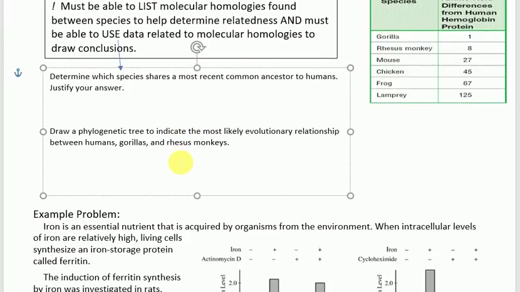The second thing that you could be asked to do is to draw a phylogenetic tree to indicate the evolutionary relationship between humans, gorillas, and the rhesus monkey.